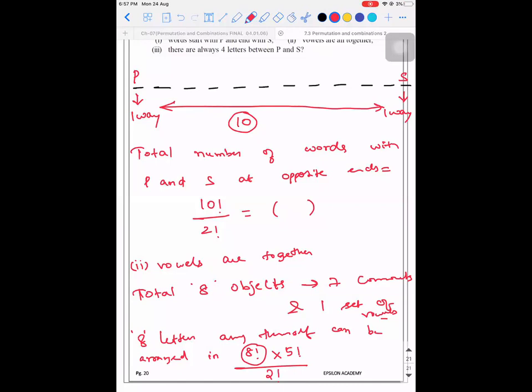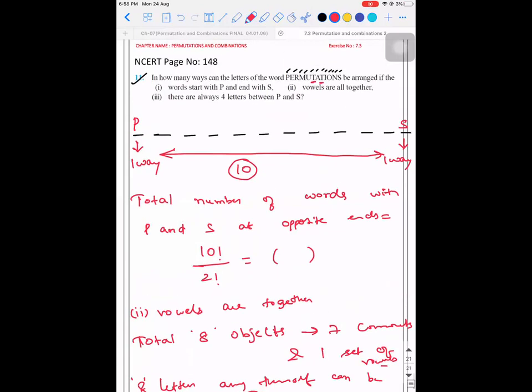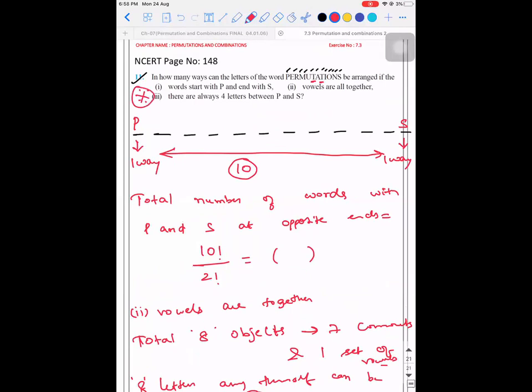So it is 8 factorial into 5 factorial divided by 2 factorial. You will get a very big answer; do the calculation part yourself. Mark this also as an important problem. Is this the last problem? Yes.